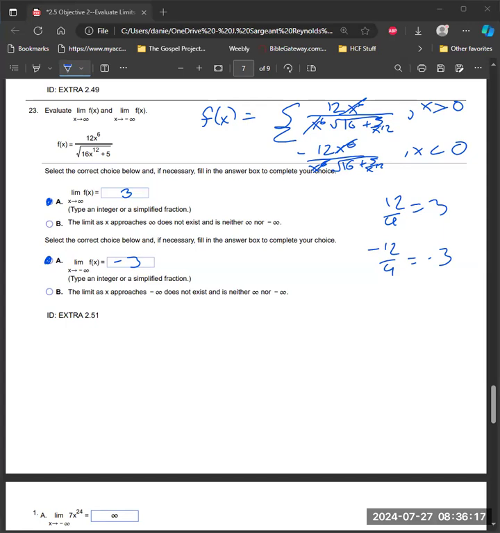Okay, and looking at the graph, it definitely approaches +3 on both sides.